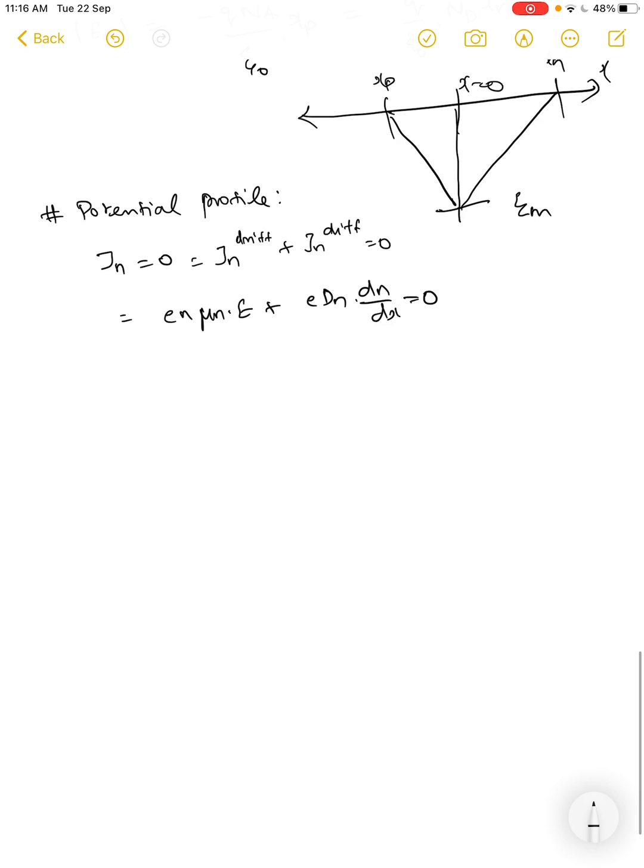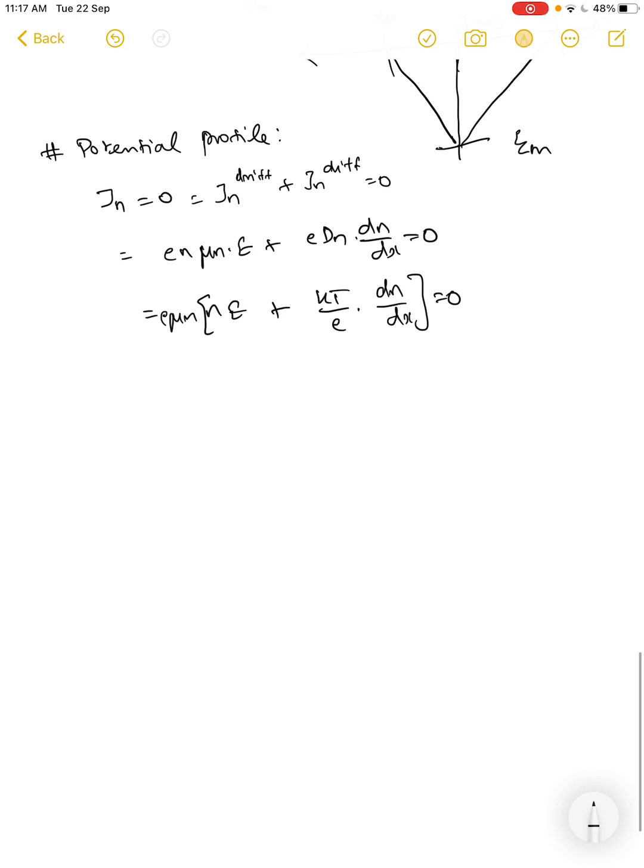I divide both sides by e mu n, and I get nE plus kT by e dn by dx equals 0. So this I write as nE equals minus kT by e dn by dx.